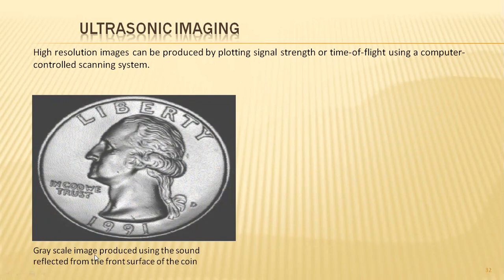Here we visualize a grayscale image produced using the sound reflected from the front surface of a coin, and even the bounds of the head can be observed at the internal stage, at the other end of the object, where the impression has been created.